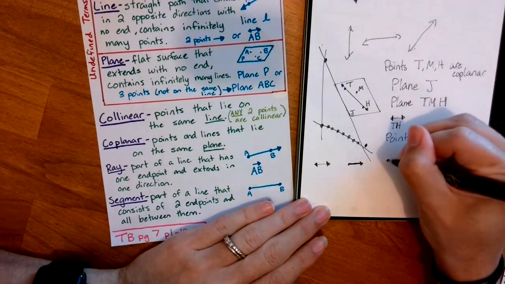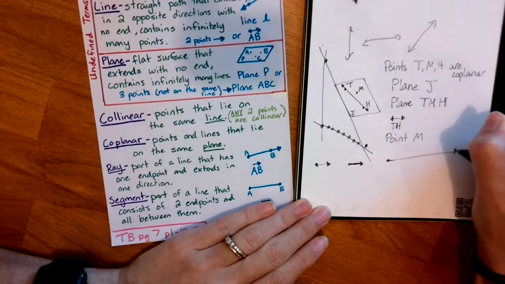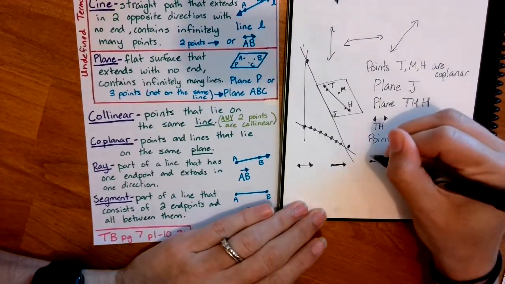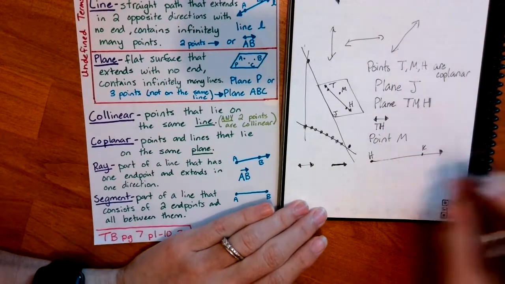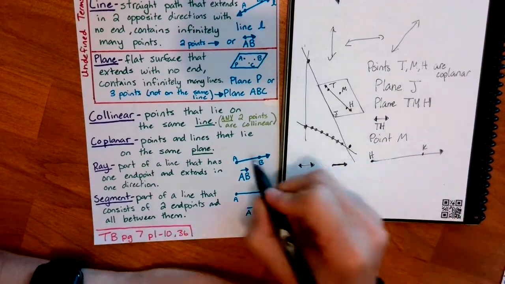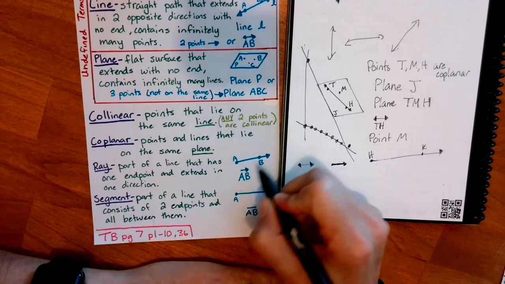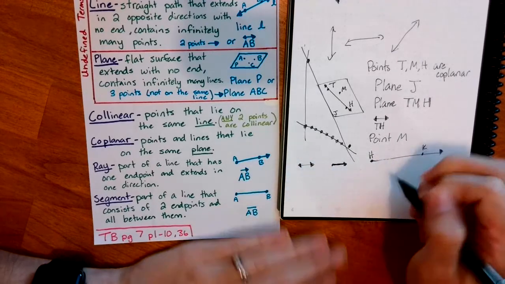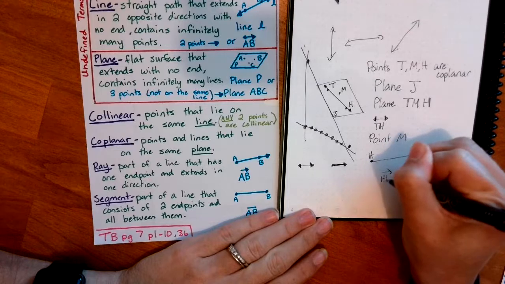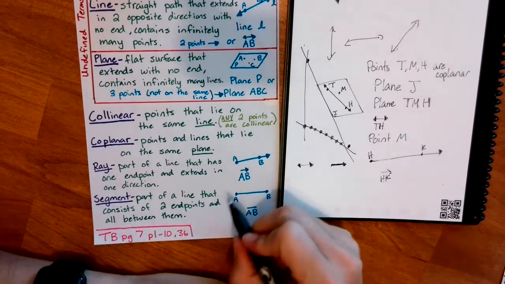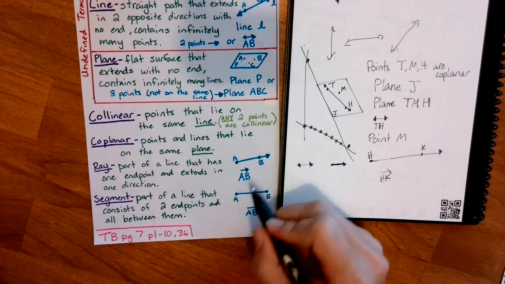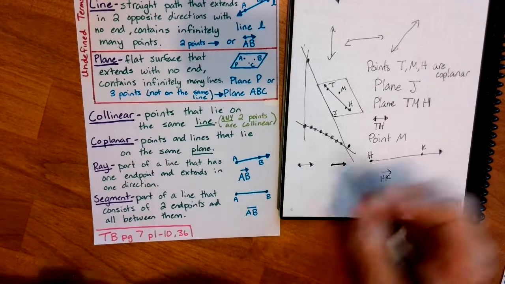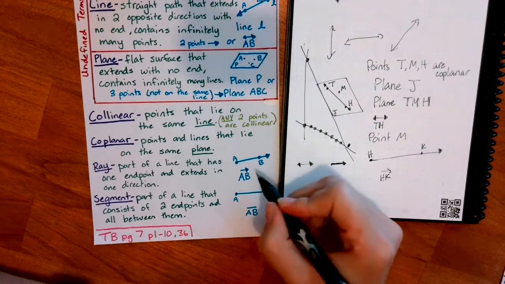So I could draw a point and it extends only in one direction. And let's call this H and K. So I could have ray HK. Now it's really important that you don't include the arrow on both sides of those because it's only talking about a ray, not a line that continues off in both directions.